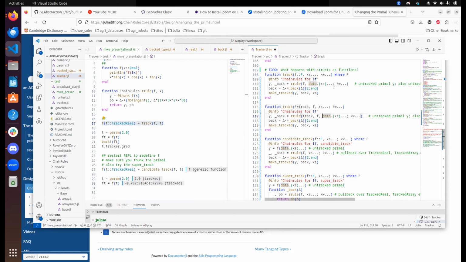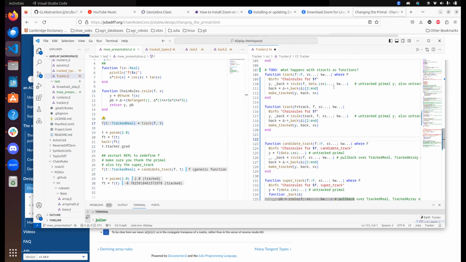So I'm not sure what the internals would look like. I think the biggest point would be that we don't call data at all, because the point with this overload would be that we don't call data when we're doing a higher order derivative. Okay. And then eventually what happens is we call our rule on f, the original function, with the x's, without calling data on the arguments first.